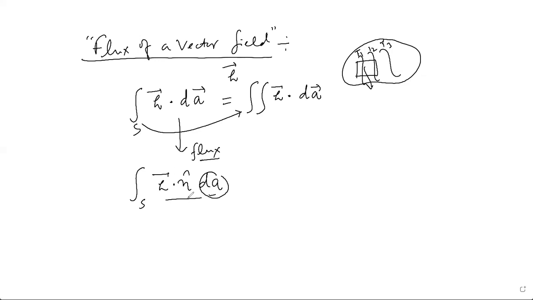But you can now understand that this integral can be written like this. This H vector has to be in the direction of the normal for this integral to survive, which is very obvious from here.